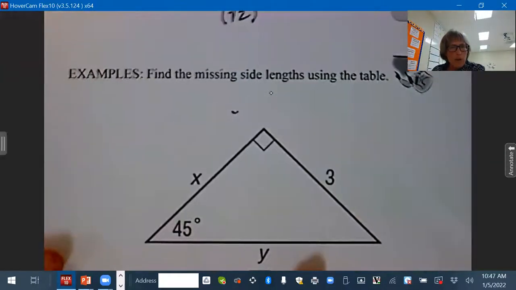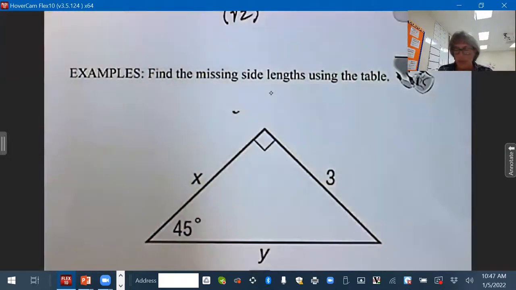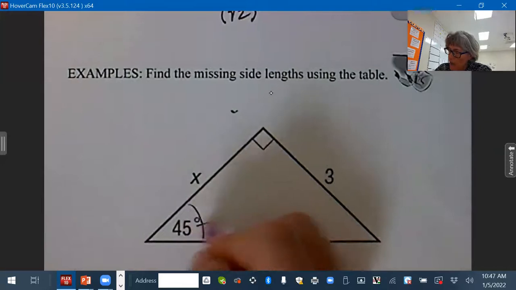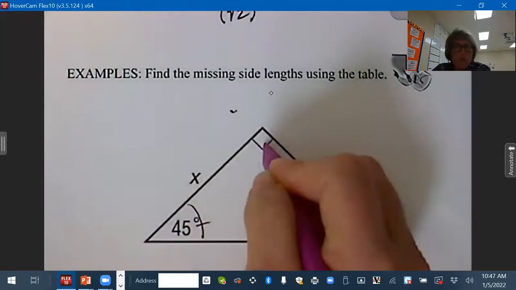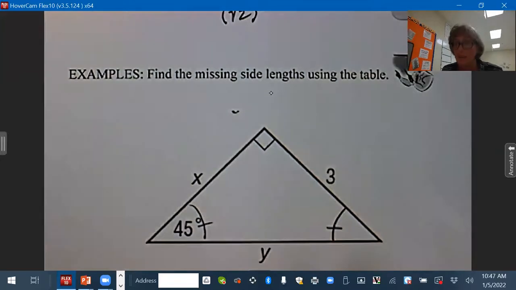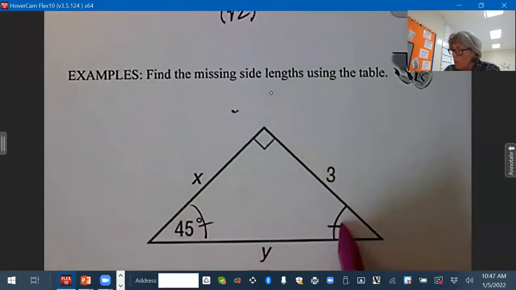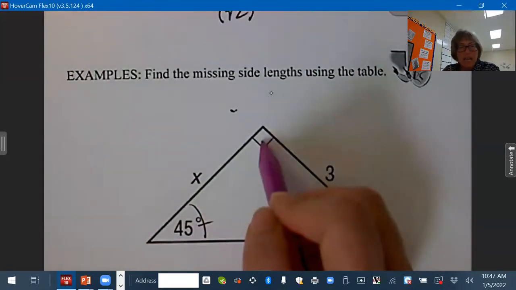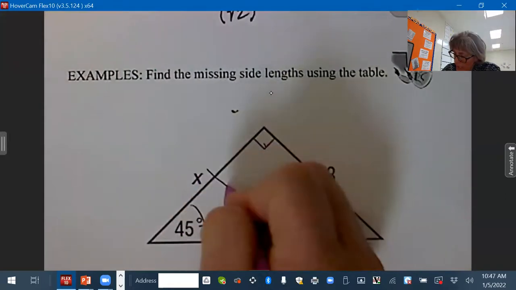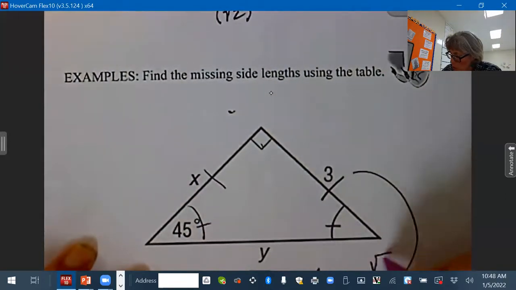Using this pattern, watch carefully. This is now a shortcut. When you have a 45, 45, 90 triangle, you don't have to use the Pythagorean theorem. It's a shortcut. Watch. Chant and touch at the same time: 45, 45, 90, leg, leg, leg root 2.